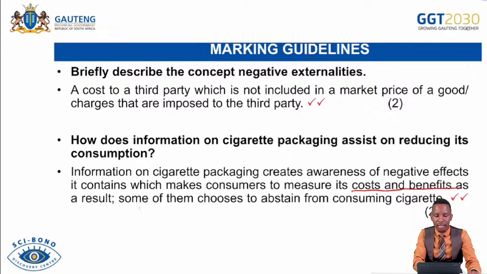As a result, some of them may choose to abstain from using the product, while some will choose to use it. Having this information allows the consumer to analyze costs and benefits before deciding to use the product. Therefore, some will decide to abstain from cigarettes because the consumers are fully informed about the negative effects it contains.